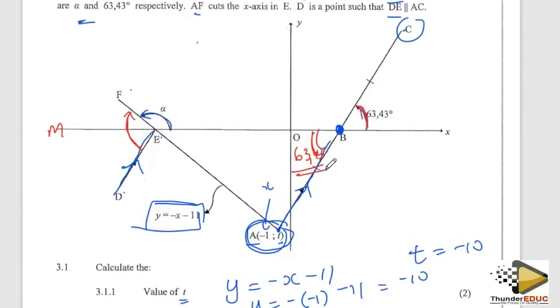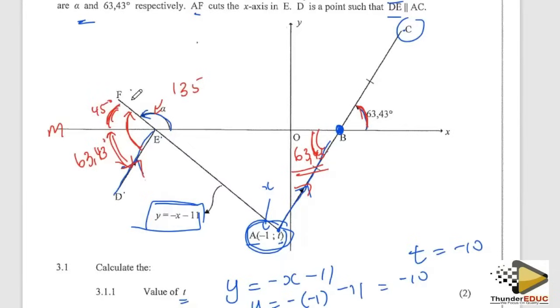So that is 63.43, which makes this angle at the bottom also 63.43, because they are corresponding angles. Remember, these lines are parallel, so those angles will be corresponding. And since our alpha was 135, this remaining patch is going to be 45 degrees.